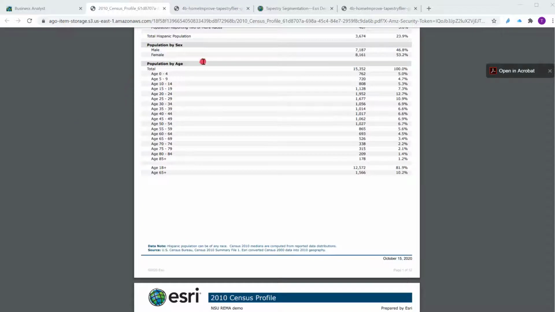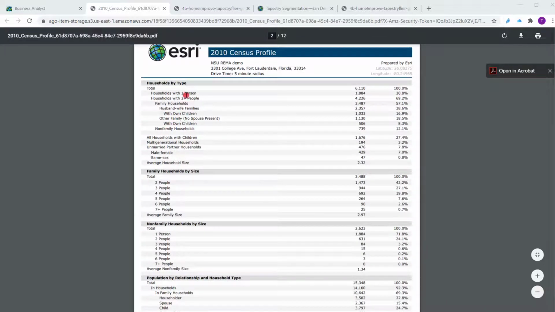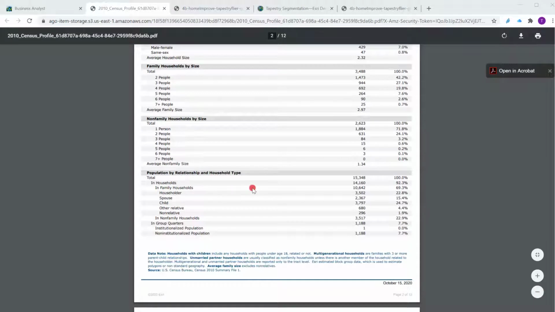Yeah, it's now actually in table form. It actually shows you the current numbers and the percent breakdown. Shows you households by type, family types, non-family household, population relationships, household, a spouse, children, non-relative. So you can actually figure out who's living with whom.